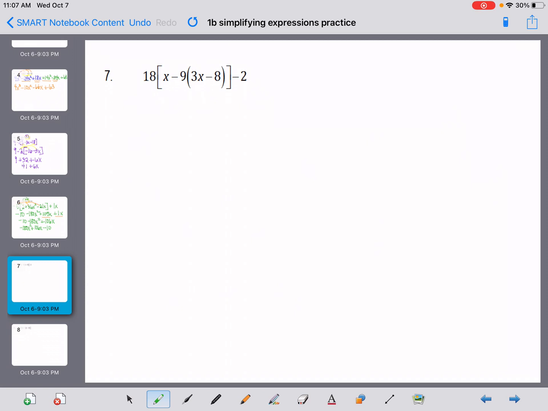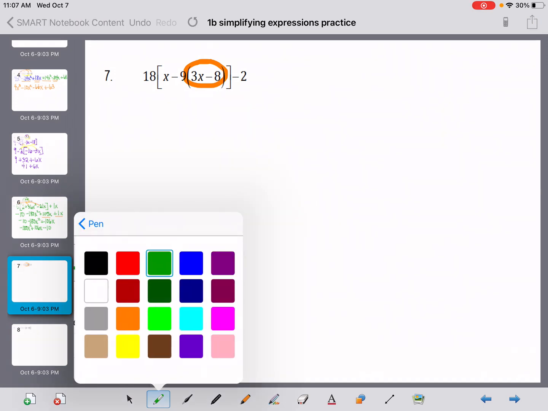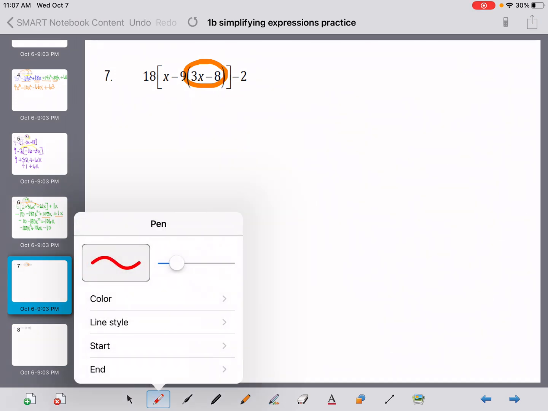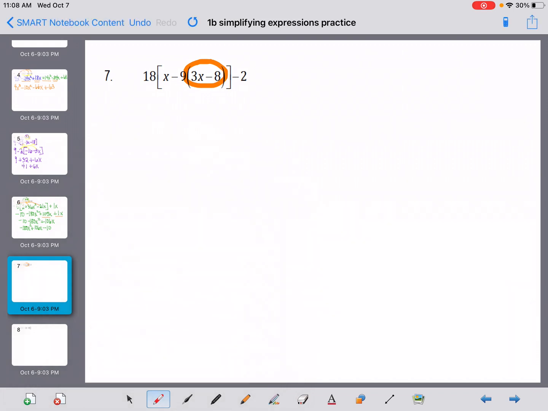Same idea. On this next one, we need to start here. Oh, wrong color. Here, the very innermost. So when we take a look at this one, and we do the very innermost, we're going to distribute the negative 9.